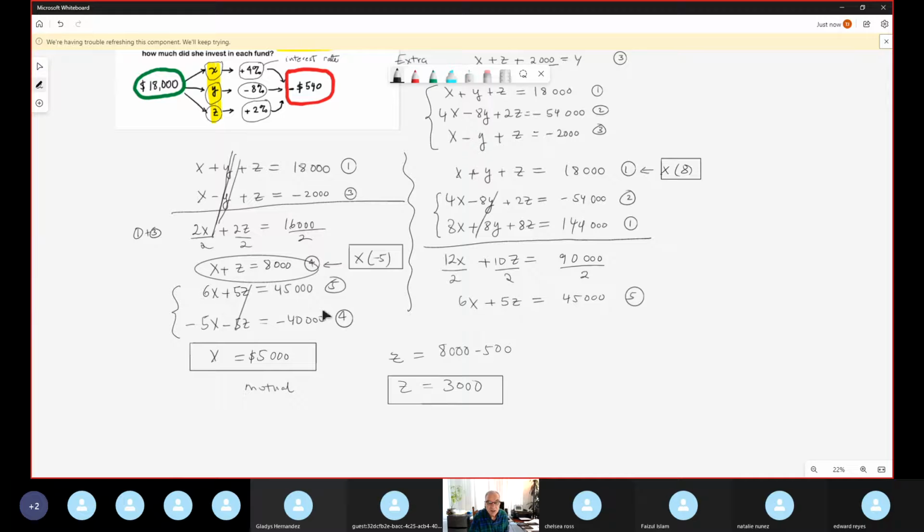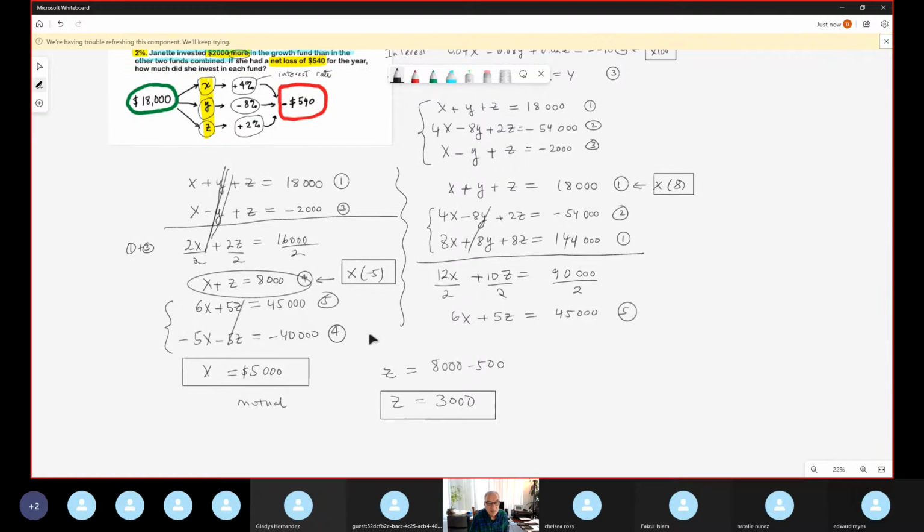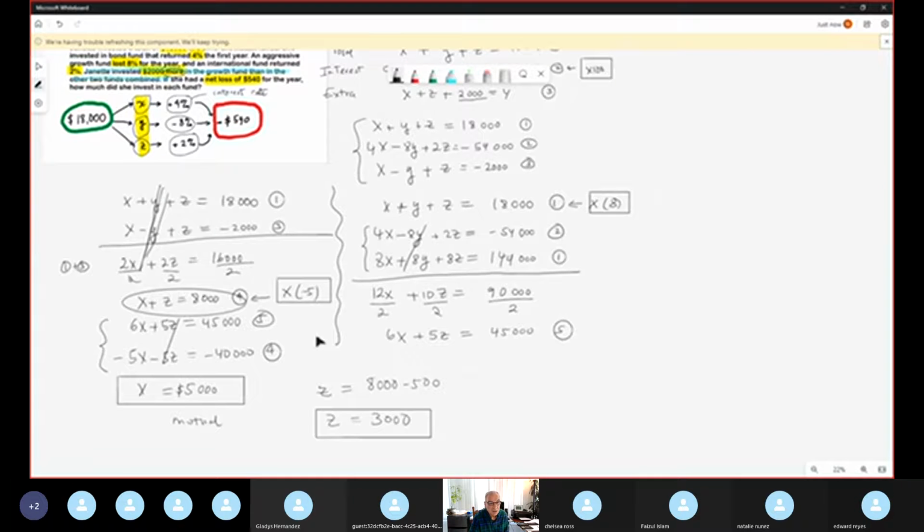And for the other money, in my opinion, the easy way is taking the first original equation, that is x plus y plus c equal 18,000. I have in my hand x and c.